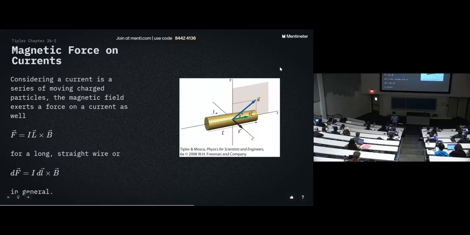And so you get some crazy stuff in terms of force on currents that could be an issue. Not as much as mutual or self-inductance, but certainly not something that is fun to deal with. Considering a current is a series of moving charged particles, the magnetic field exerts a force on the current as well, where you get F is equal to IL cross B.